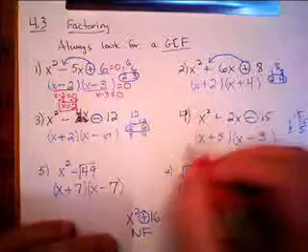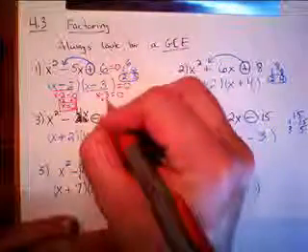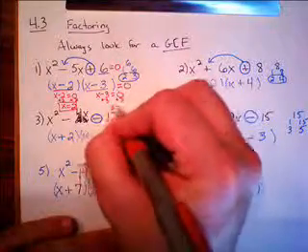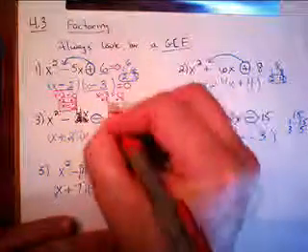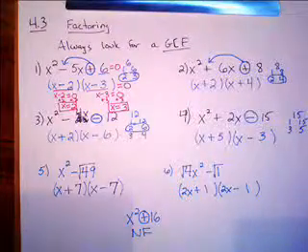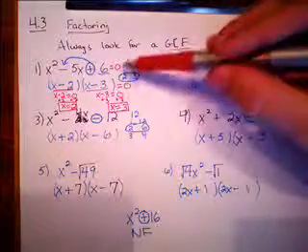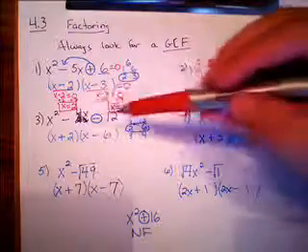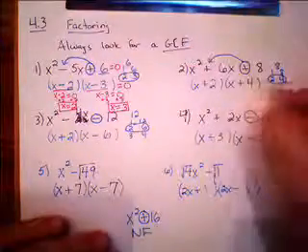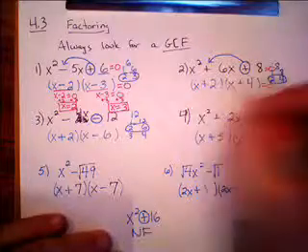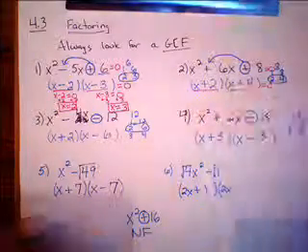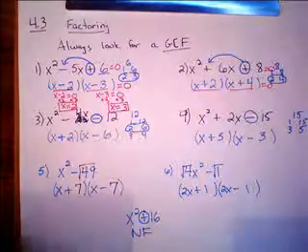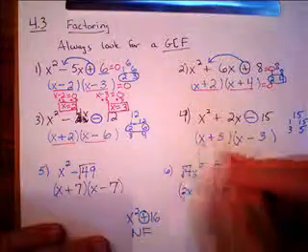That's one answer. Add 3 to both sides. 0 plus 3 is 3. That's your other answer. Okay, so if it says solve by factoring, it will be set equal to 0, and you'll just set each term or each item equal to 0. Same thing here. If this was equal to 0, you'd set that equal to 0, that equal to 0, and you have 2 answers. Same thing for all the rest of these.